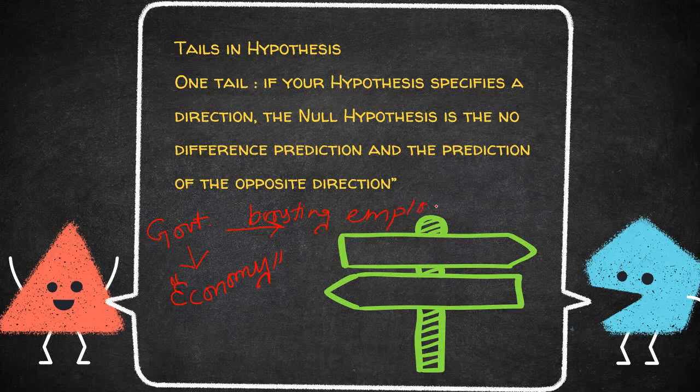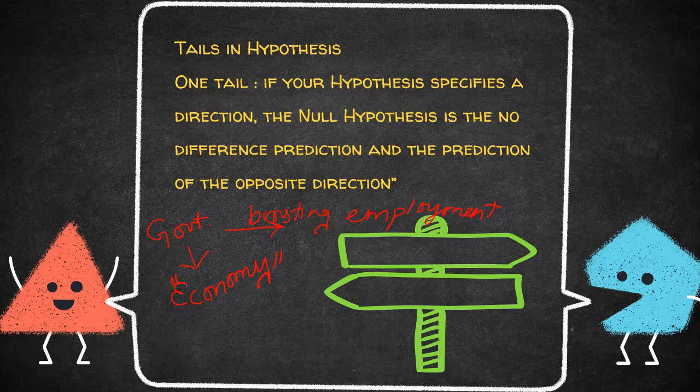So there is definitely a direction to it. Like there is an unemployment rate right now, and it is not going to worsen. Government says that by doing some kind of economic measure, it is going to boost employment. So boosting employment is one direction.